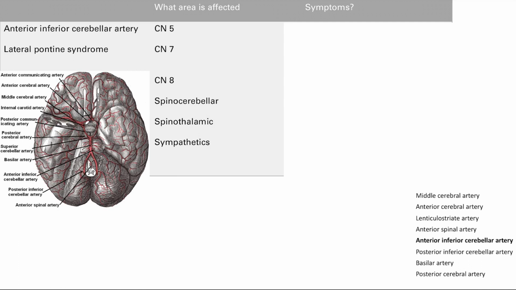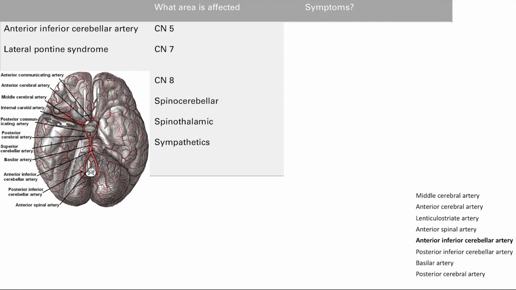Cranial nerve 7 is facial motor response, and remember that it also has parasympathetic functions, including lacrimation, salivation, and taste. It does taste for the anterior 2/3 of the tongue. Cranial nerve 8, what does that do? Remember, it's the inner ear stuff. So if you get damage to it, you're going to get vertigo, you're going to get vomiting.